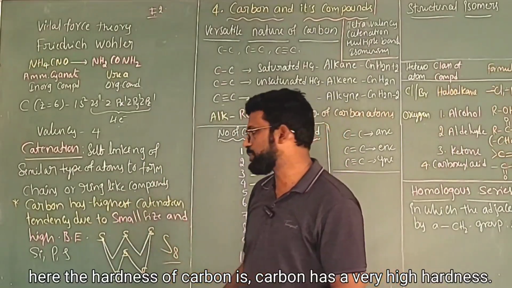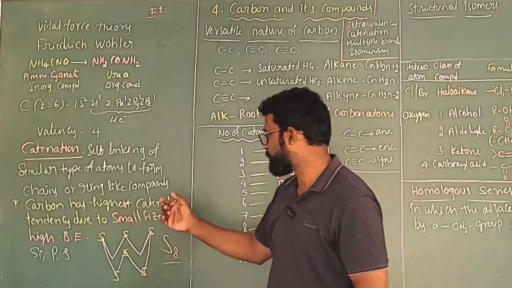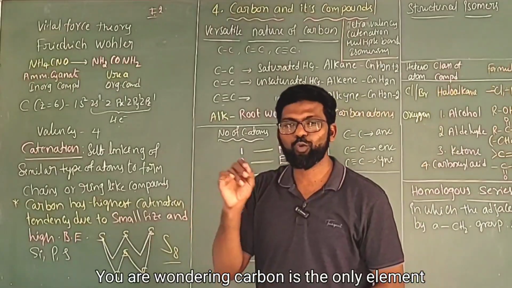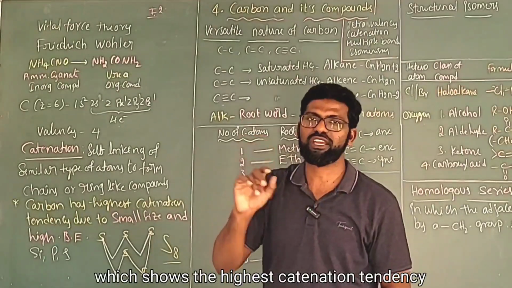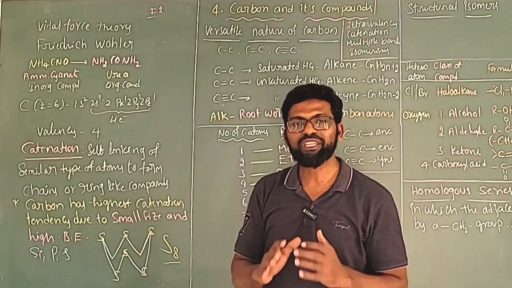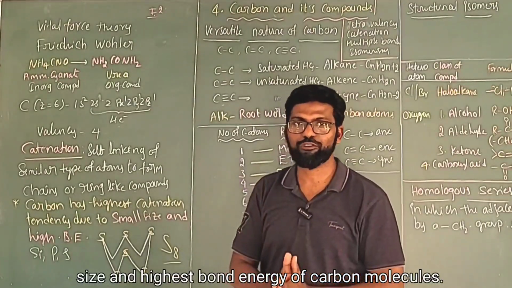Here, the uniqueness of carbon is that carbon has the highest catenation tendency due to its small size and high bond energy. Carbon is the only element which shows a higher catenation tendency than any other element of the periodic table. The main reason behind this is the small size and highest bond energy of carbon.